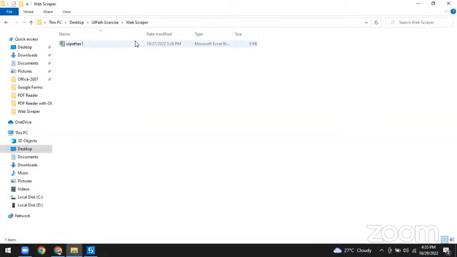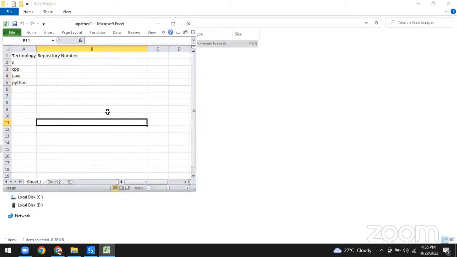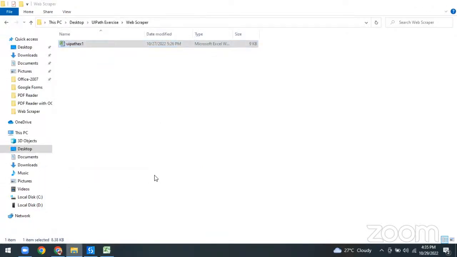Before that, I want to show something. This is an Excel sheet, ma'am. In that, we have taken a technology and repository numbers. In web scraping, we have to show the repository numbers.